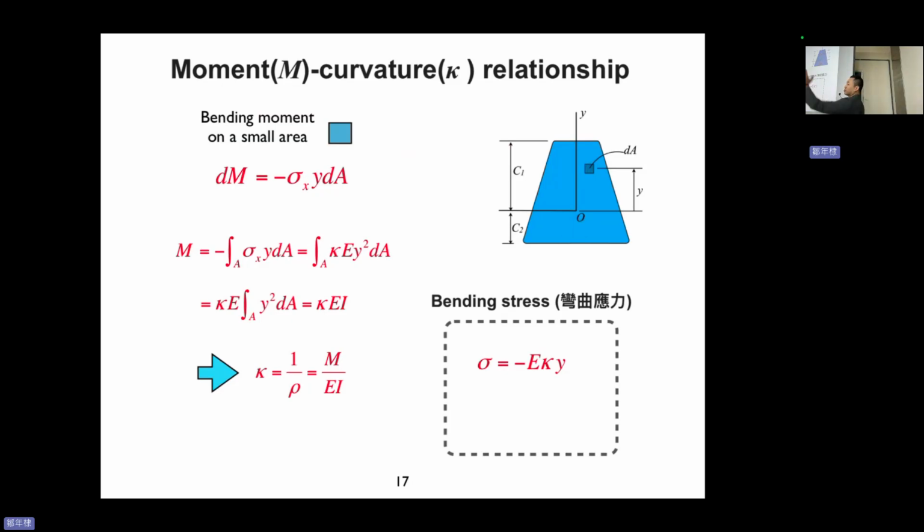So kind of looking like this. This dA is the bending moment on a small area. Oh, sorry, there's an accent Z here. It's gone. Again, this is the cross-section view.